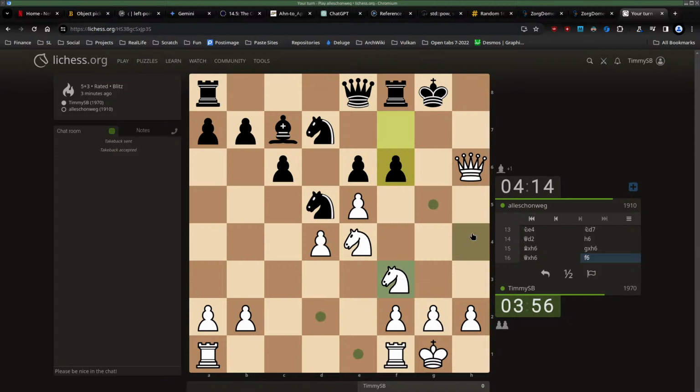Let's go here. Give away this pawn. Okay, so I go here, he takes, I go there, threatening something, maybe?